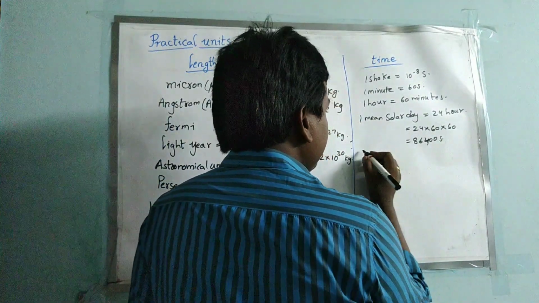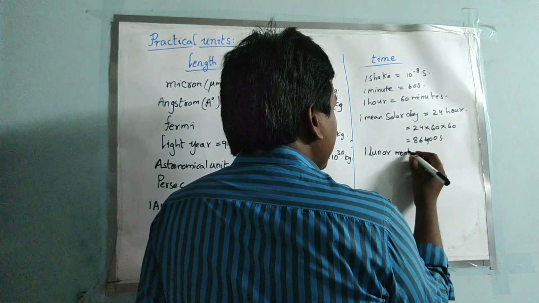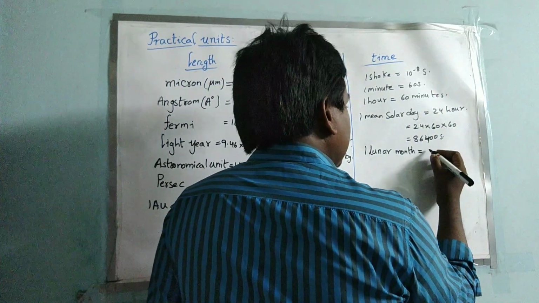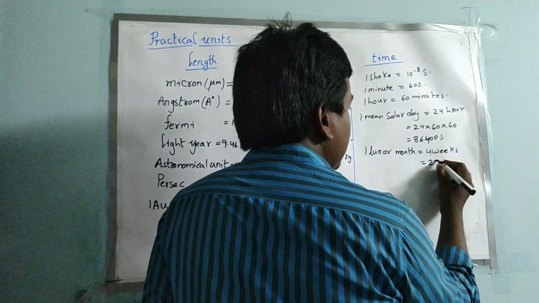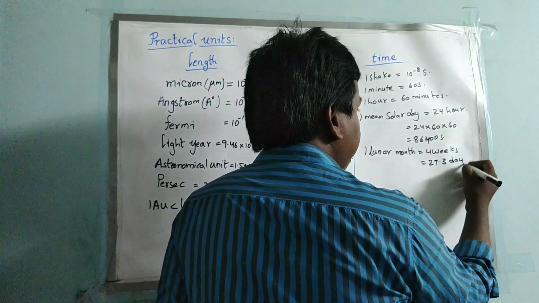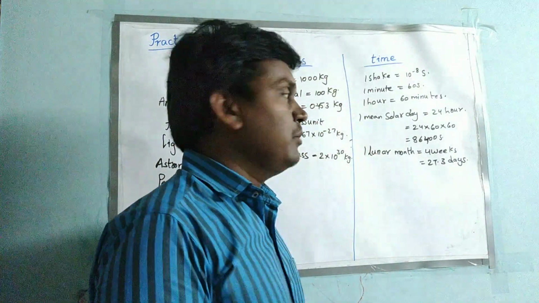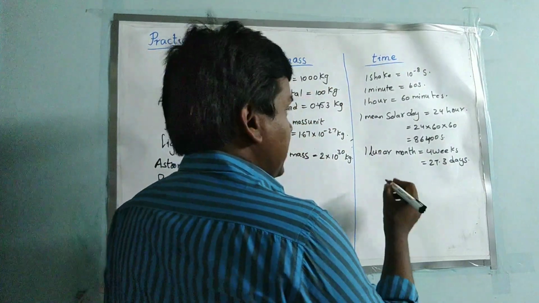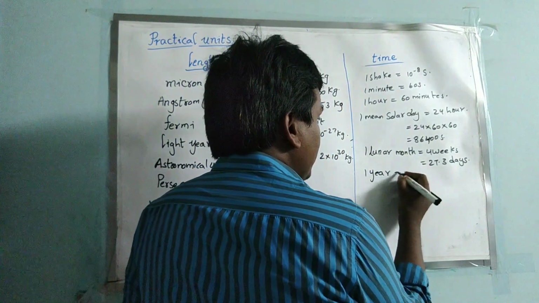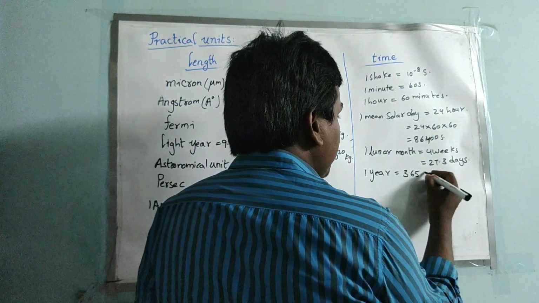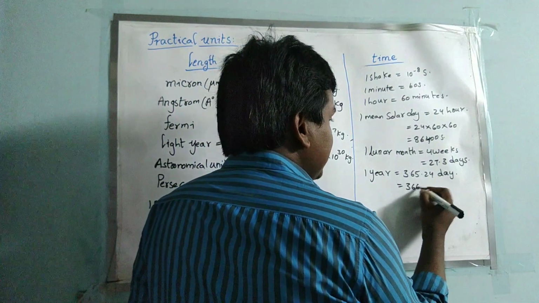And here, 1 lunar month is equal to 4 weeks, or 27.3 days. That means from one new moon day to the next new moon day, or full moon day to full moon day, is known as a lunar month. And next, 1 year is equal to 365.24 days, but in a leap year, 366 days.